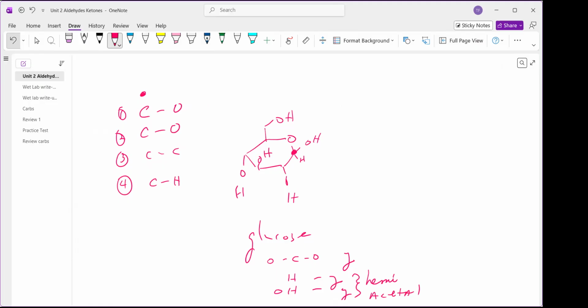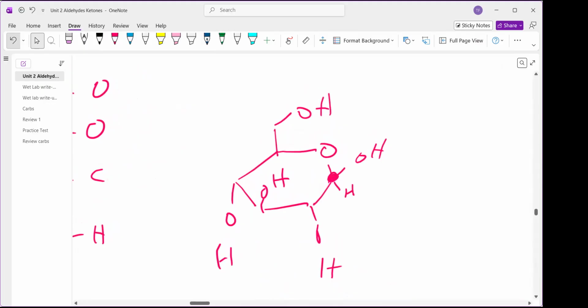And let's label these carbons. In fact, let's just make it bigger too. There are 2 carbons on there that are mostly unhindered compared to the rest.